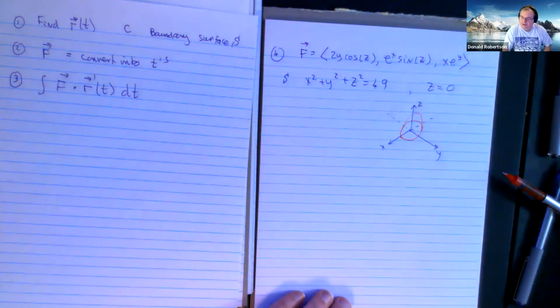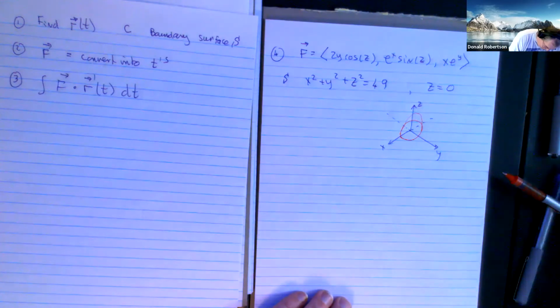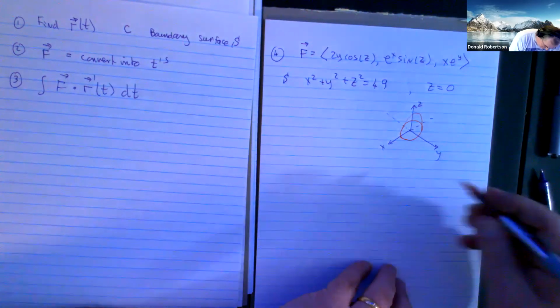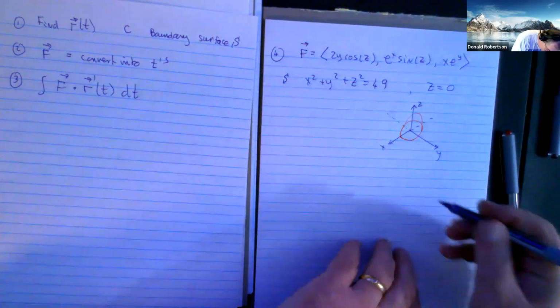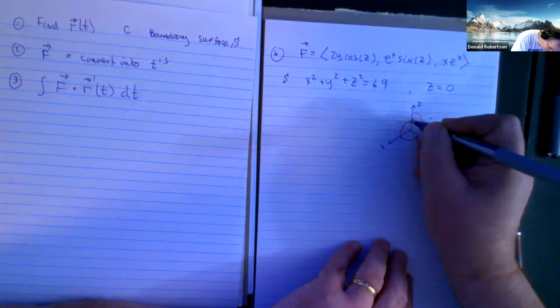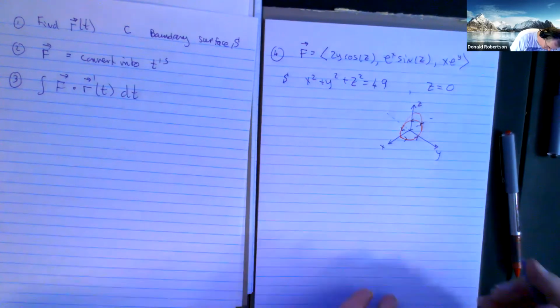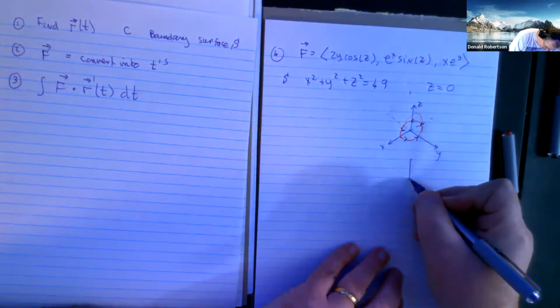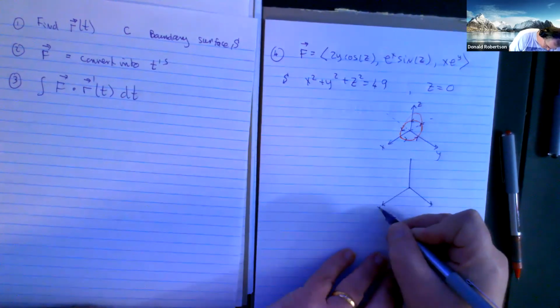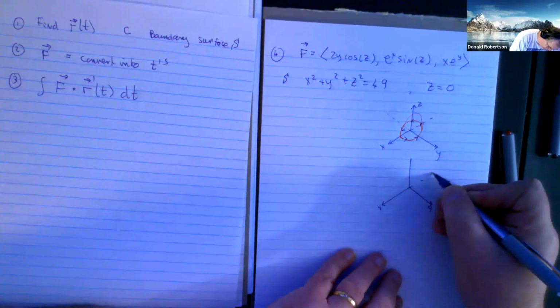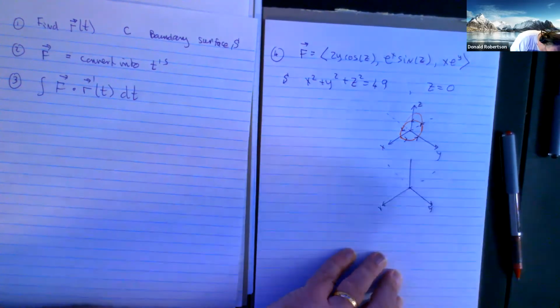Are we good? Right, now, the boundary, the r of t, is where the edge of the surface is, right? Where the surface hits the floor. So we are pretty much doing, in 3D again, almost a carbon copy of the last question.